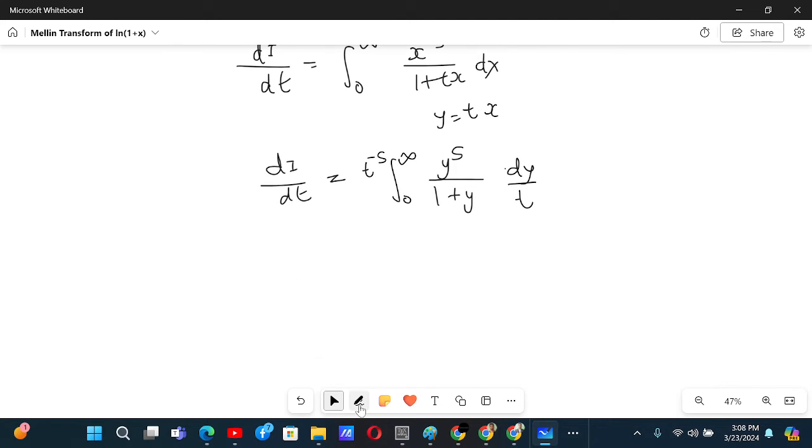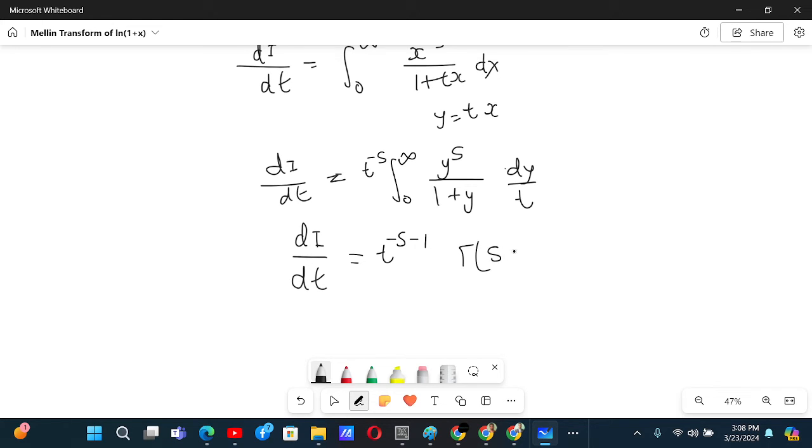Now dI by dt equals t to the power minus s minus 1 times, and this is just gamma of s plus 1 times gamma of 1 minus s.